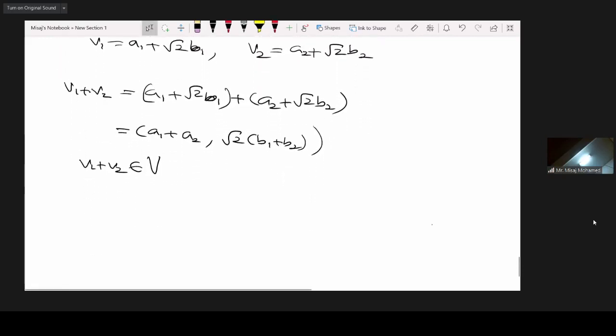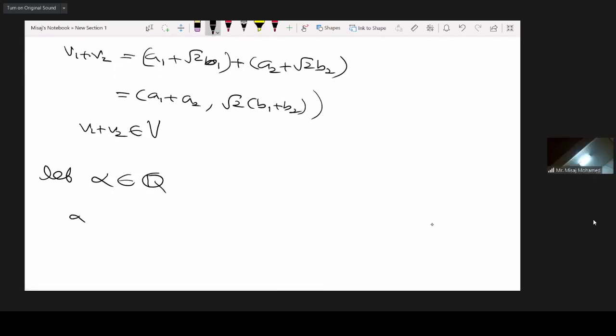Now the scalar alpha is from Q. Then what will be alpha times v1? In the addition part, I made a mistake with the plus mark.